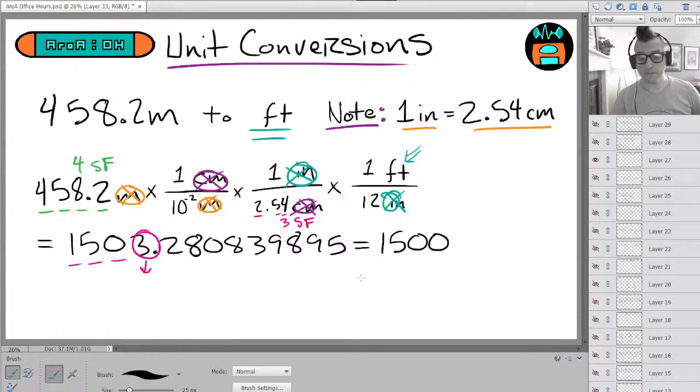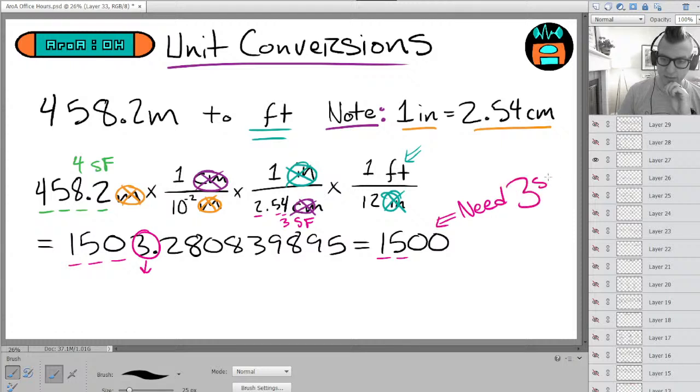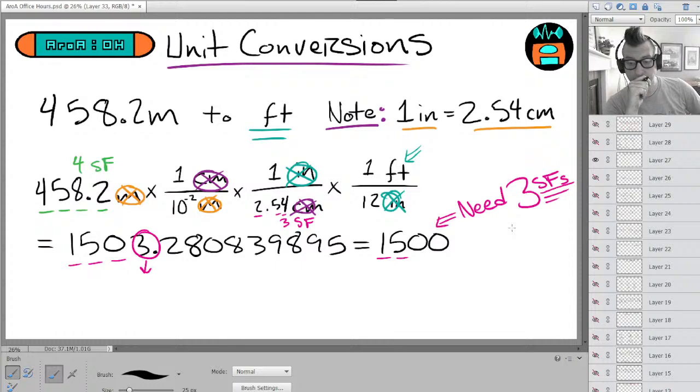But we have a problem. 1,500 only has 2 sig figs, but we need 3. We need 3 sig figs.